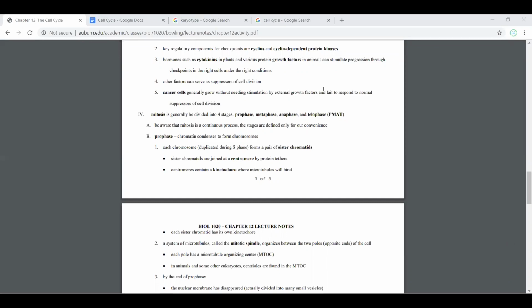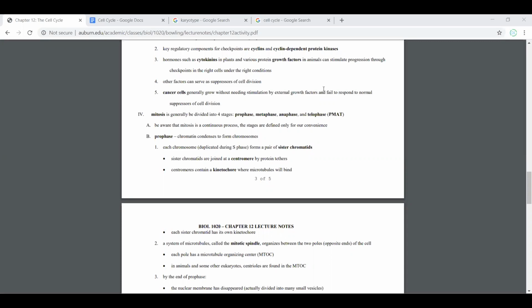So in prophase, this is the first step. The chromatin condenses to form chromosomes. If you remember, the chromosomes were duplicated in the S phase to form sister chromatids. Pretty much that means you just have 2 strands of DNA, and these sister chromatids are now going to condense to form chromosomes.